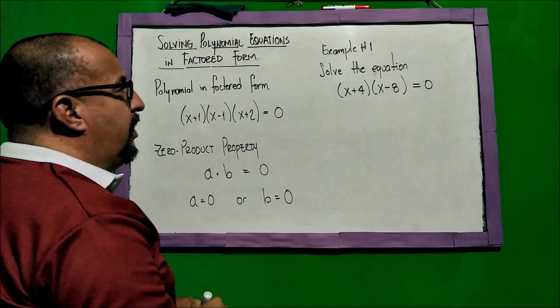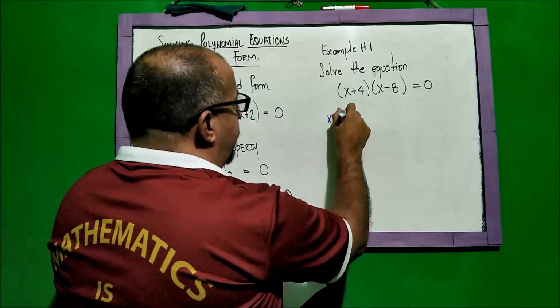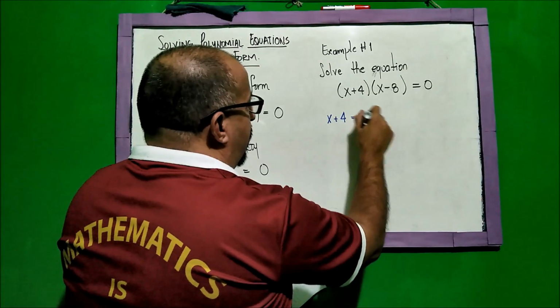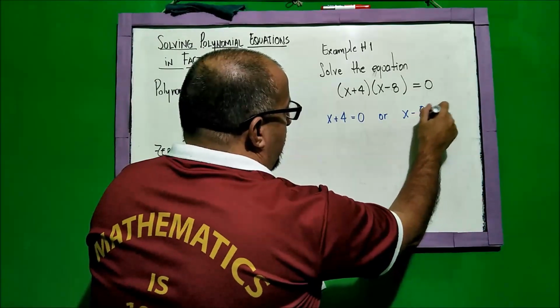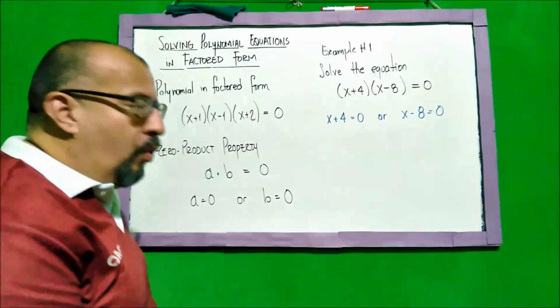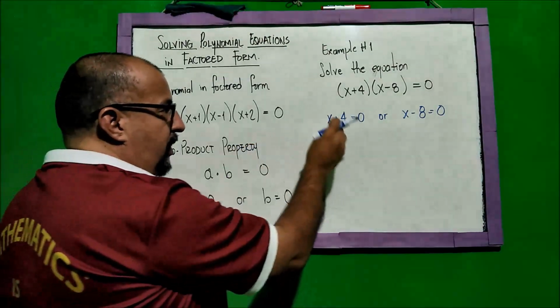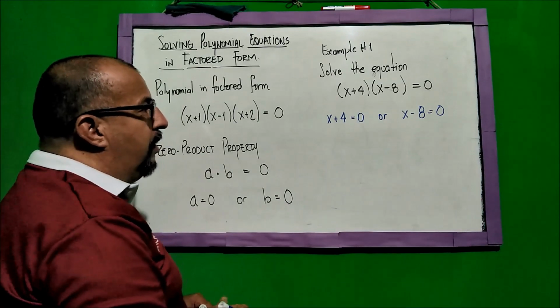So what we're going to have in here is the following: x plus 4 equal to 0, or x minus 8 equal to 0. Once I separate both of them, what continues is you have to solve independently each of the linear expressions that you have in here.